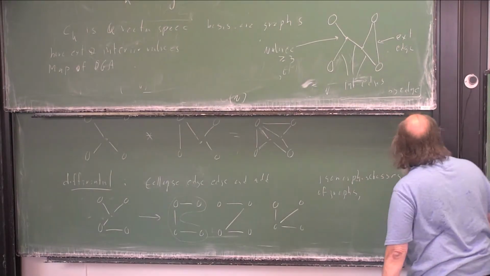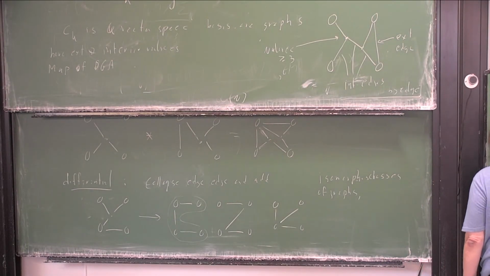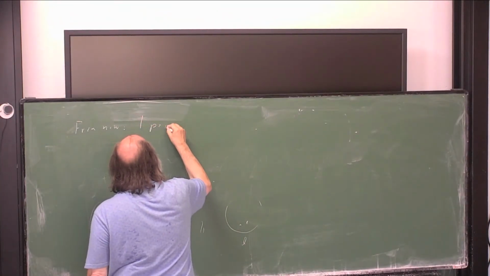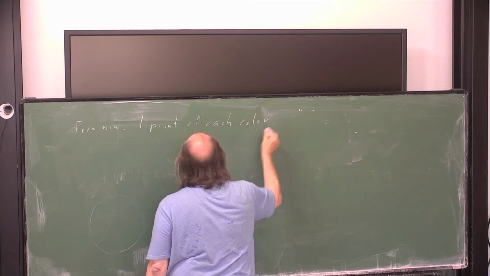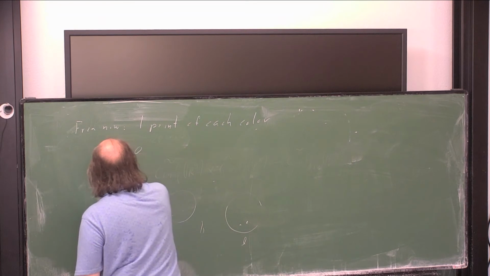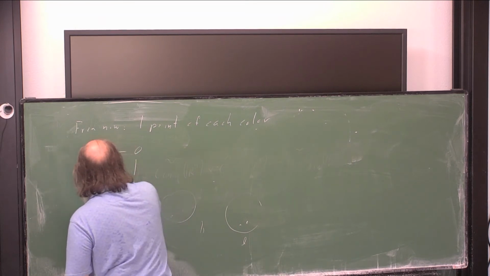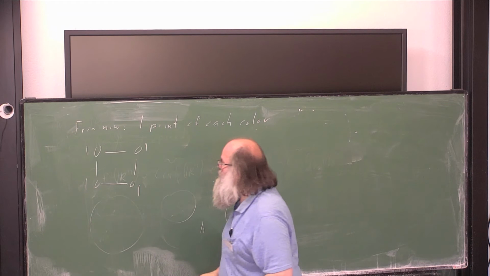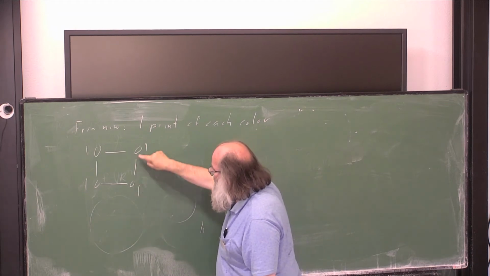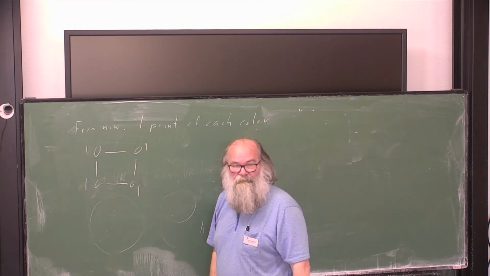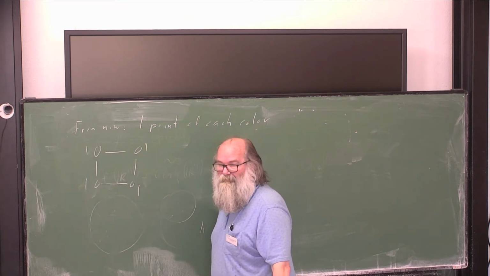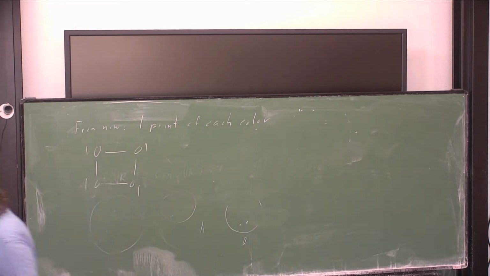So from now on, one point of each color. In the language before, you could have something like this. You have one point in each, and these two are not allowed to collide, but these two are allowed to collide. By the way, this word color means the type of vertex.